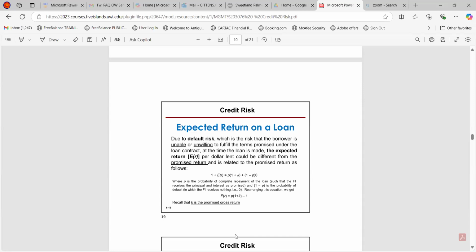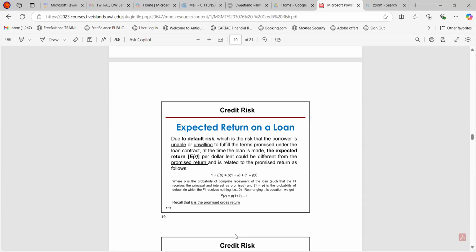And so what you have there, the expected return is the probability of the full repayment of the loan, such that the financial institution is going to get your principal and the interest as promised. So you have 1 minus P, that's the probability of default, whereas the chance that you will have a full repayment is P times 1 plus K, K being your cost of capital.